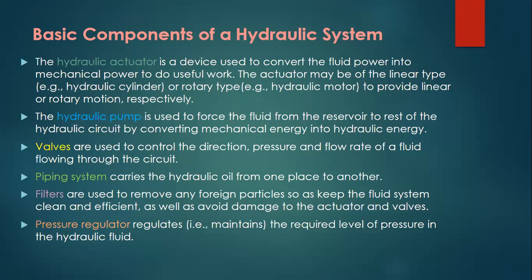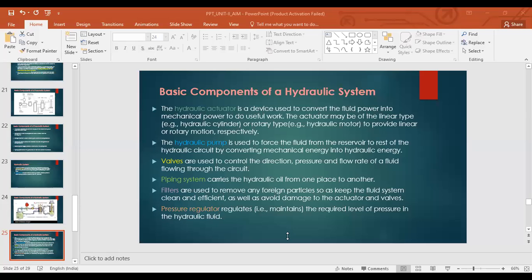A hydraulic actuator is a device used to convert the fluid power into mechanical power to do useful work. That actuator is what will ensure that the hydraulic energy from that pressurized fluid is converted into mechanical motion. The actuator may be of the linear type, for example a hydraulic cylinder. Have you seen that JCB excavator?